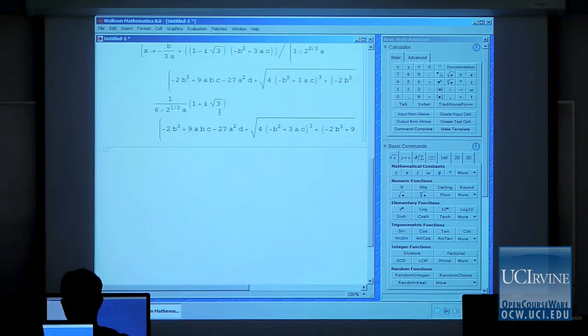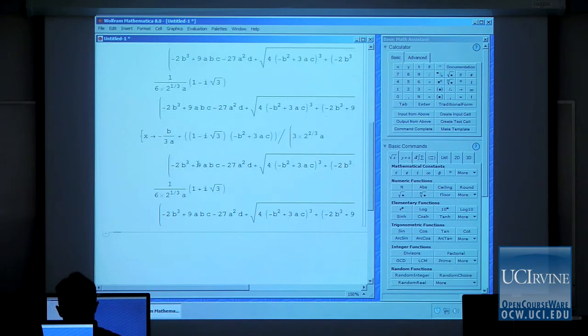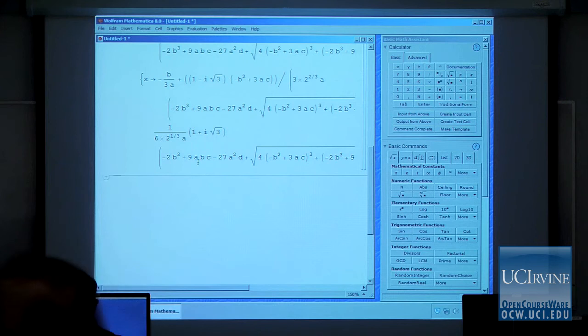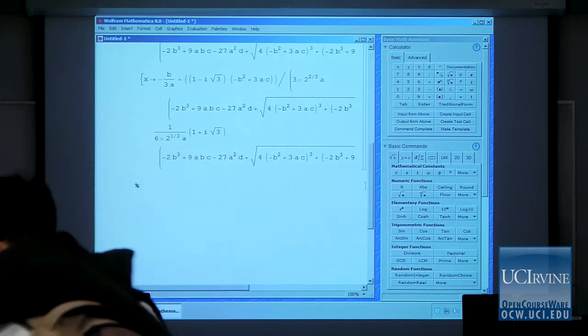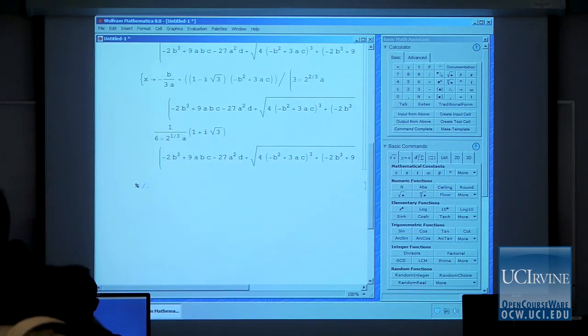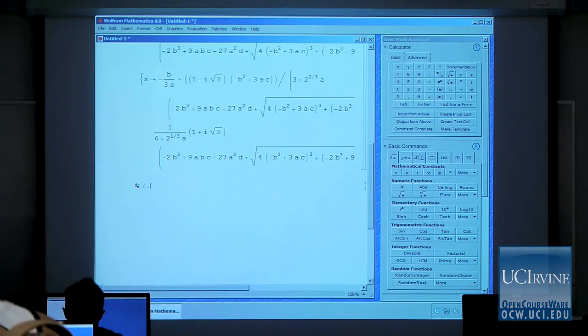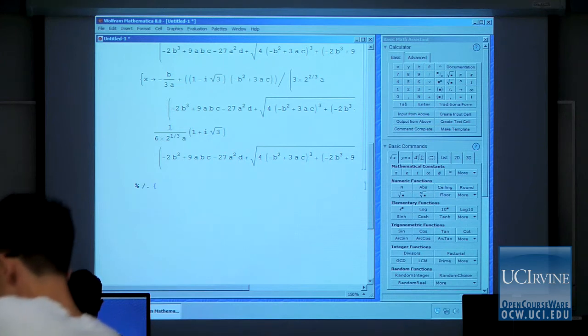And what I also showed you last time is that if you want, you can have that evaluated for particular values of the parameters a, b, c, and d by saying something like, give me the last result, and use replacement rules to specify the constants.